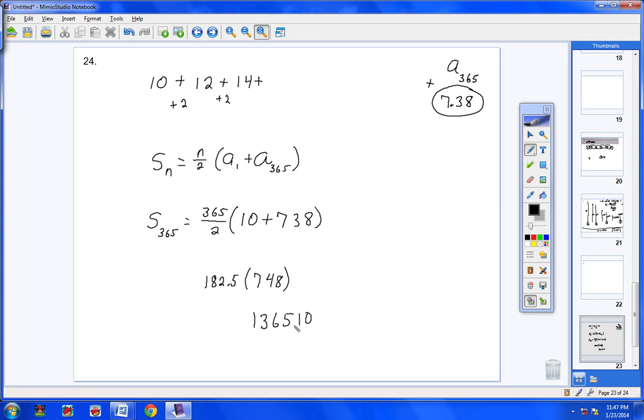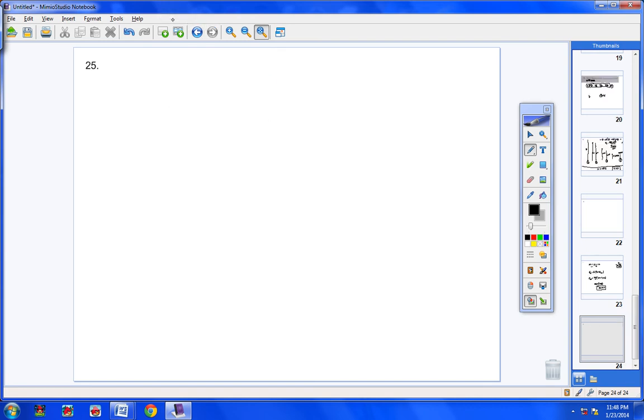And remember, that's really dollars and cents, so move the decimal 2 places, and there you go. If you add up all of those gifts together, you would have $1,365.10. All right, not too bad of a problem. Number 25, and we're finally done.